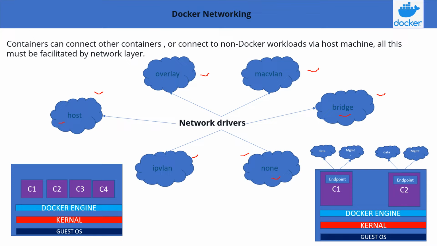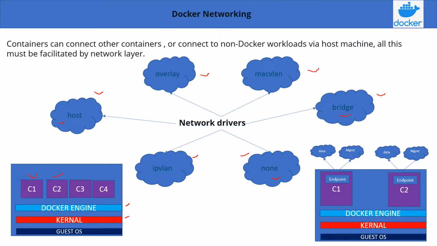Docker containers run on the guest OS. Here we are talking about how to do virtualization on the OS. There is a shared kernel, and on top of that you install the Docker engine. Then you run your application as a container, and those containers are isolated from each other.